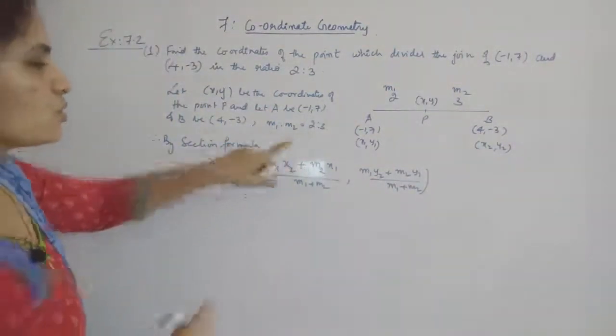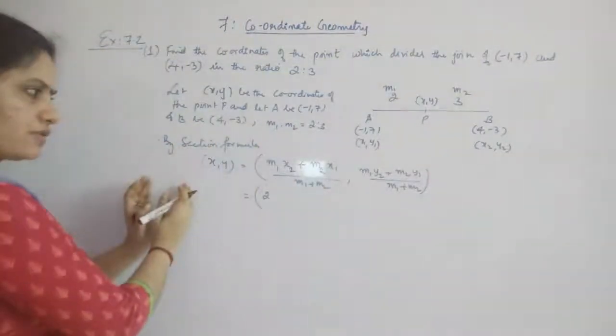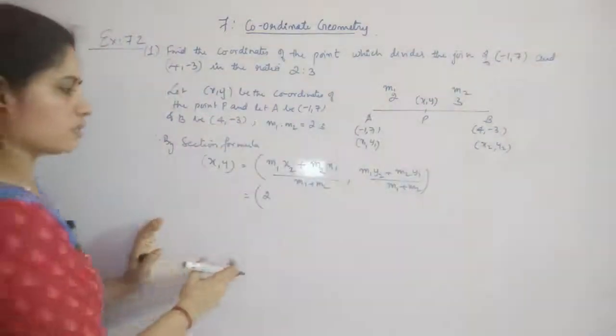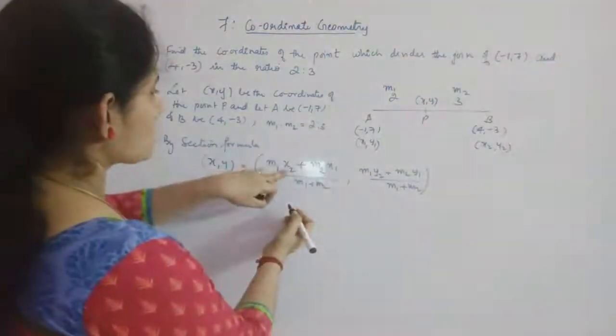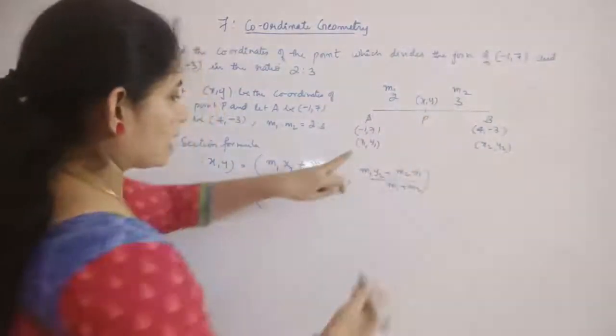What is M1? 2. Or else you can take them separately also. You can first find x equal to this one, y equal to this one, and then write the coordinates. So 2 into what is x2? Check here, you will directly get that value.